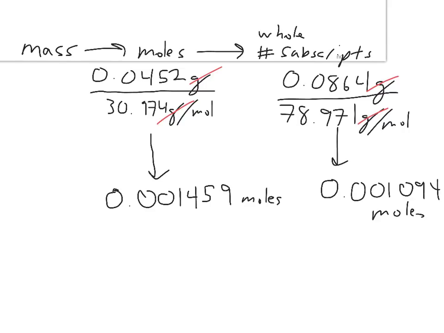So now we choose the one that is the smallest as our common denominator, so to speak. We divide both numbers by our smallest value. 145, 109. So this is the smaller number.